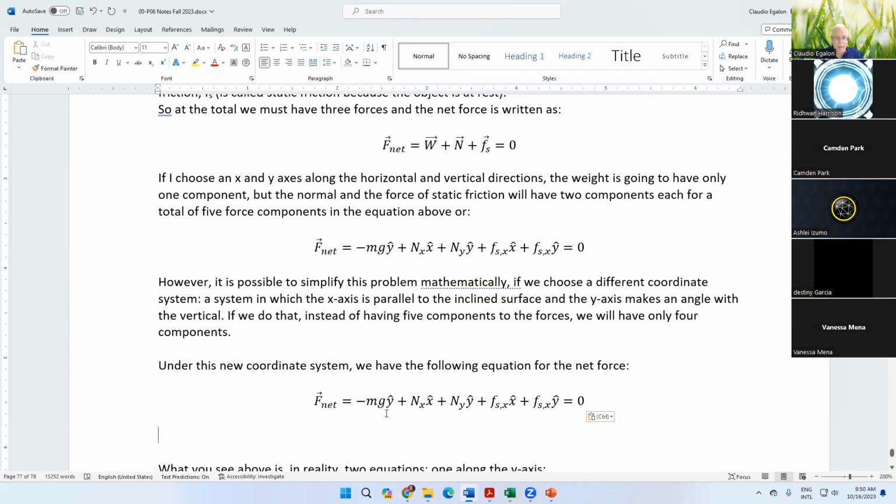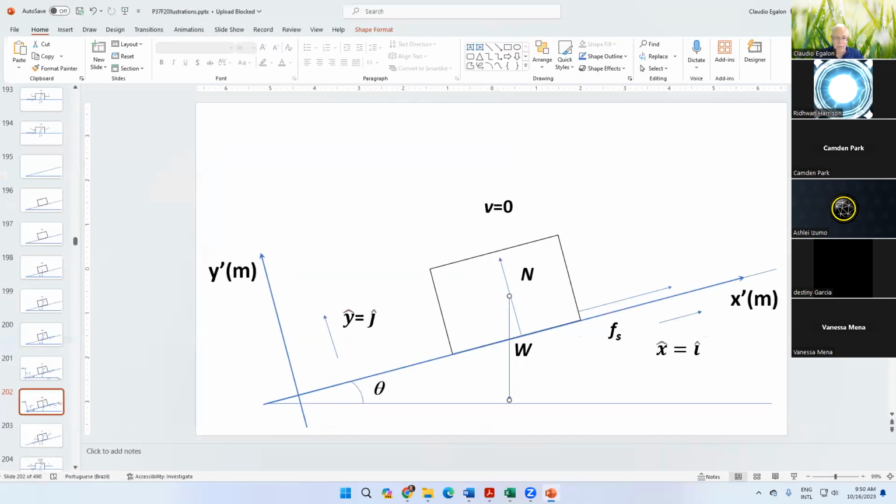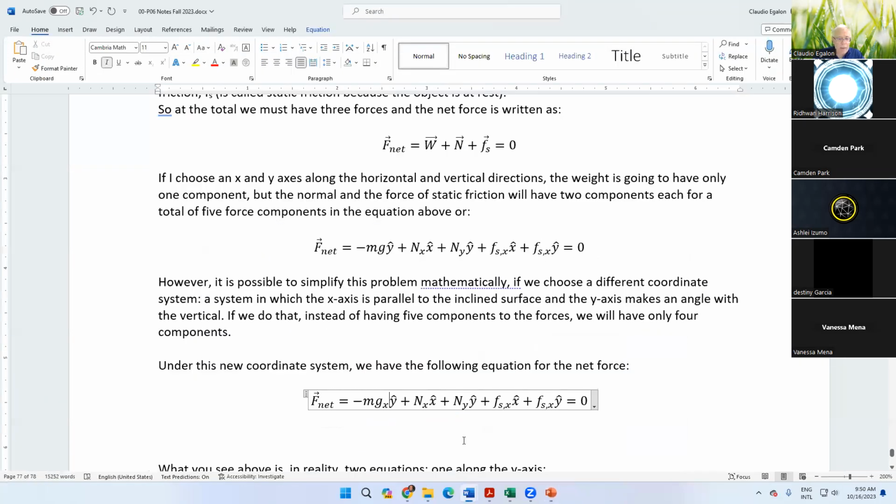Okay. We're going to have a weight along the x-axis. Let's say that the negative is already implicit there in the relation, okay?